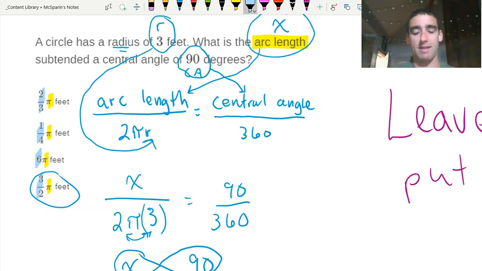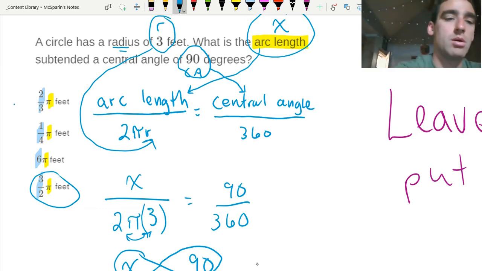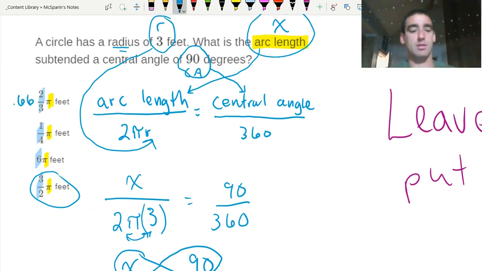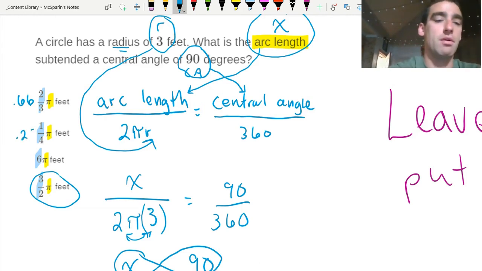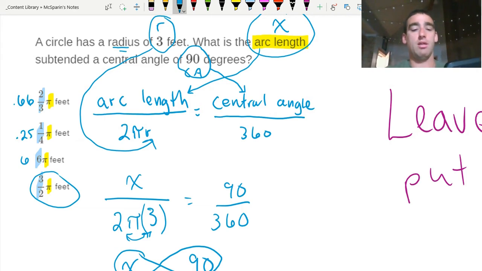But 2 divided by 3 is 0.66. 1 divided by 4 is 0.25. 6 is just 6. And 3 divided by 2 is 1.5.